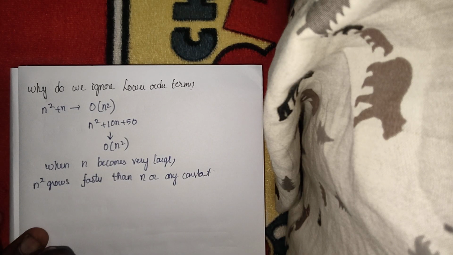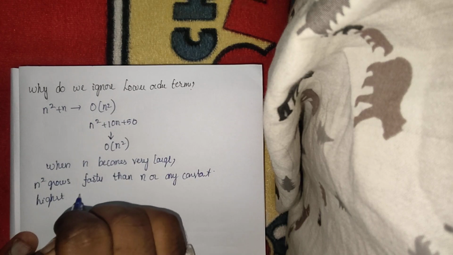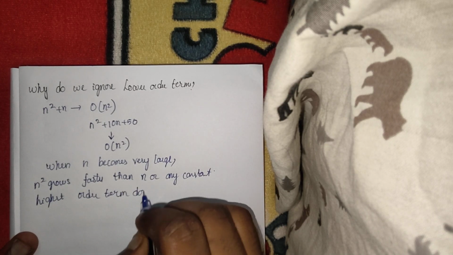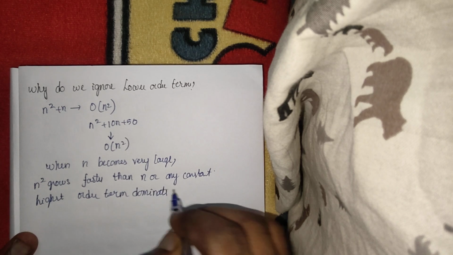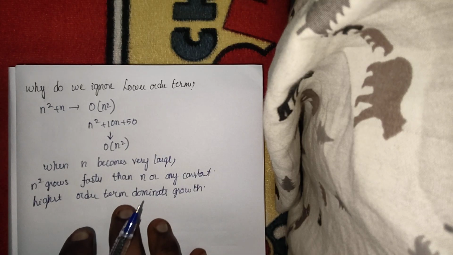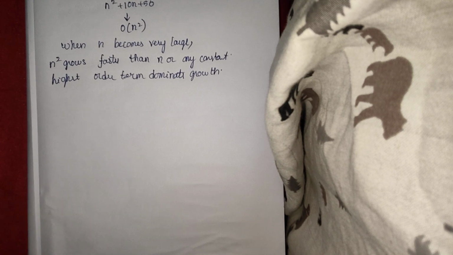So the highest order term dominates the growth. Therefore, we ignore smaller terms. So now, order of growth.